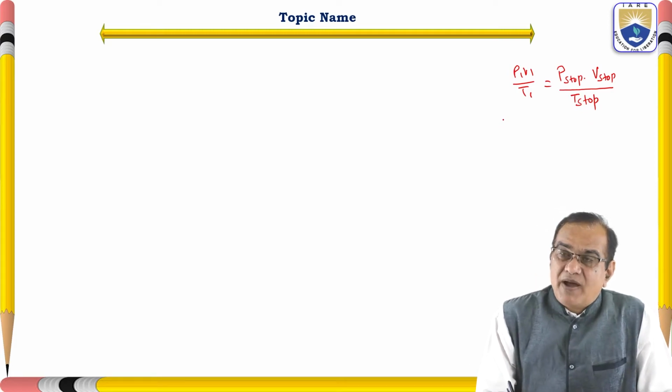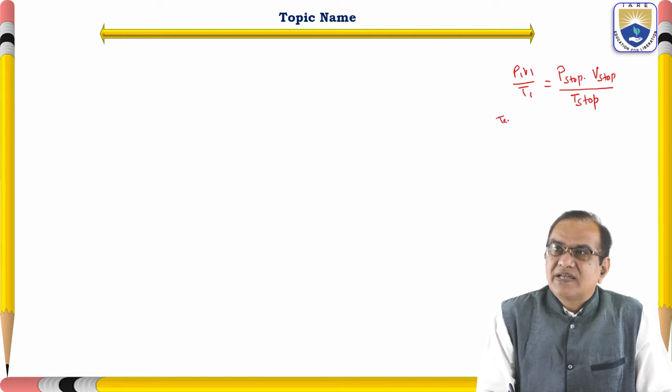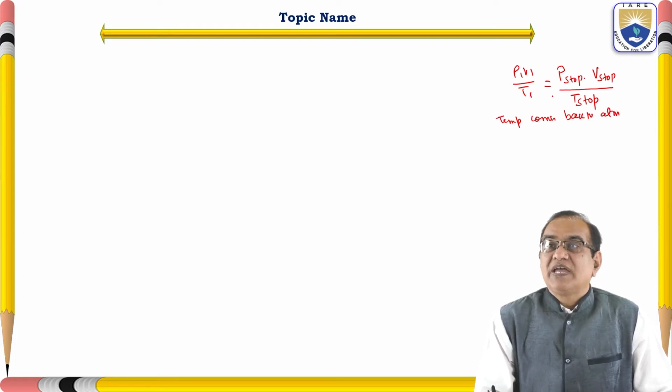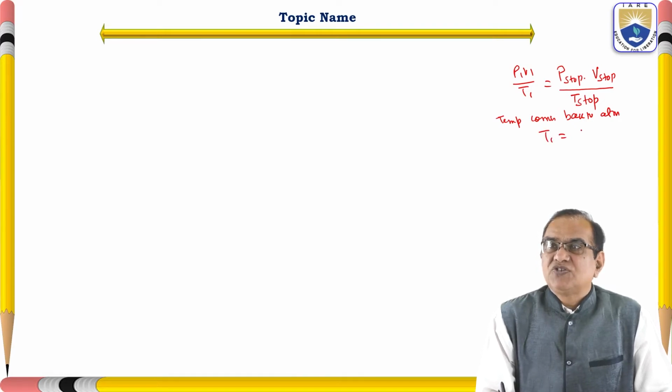But in the problem it is given that the temperature comes back to atmosphere. So this T1 is equal to T stop, and this and this cancel.